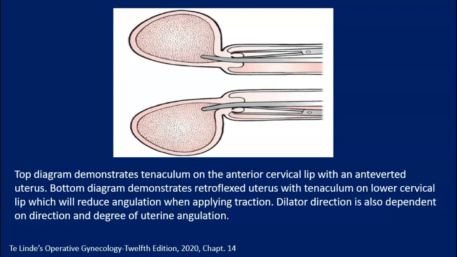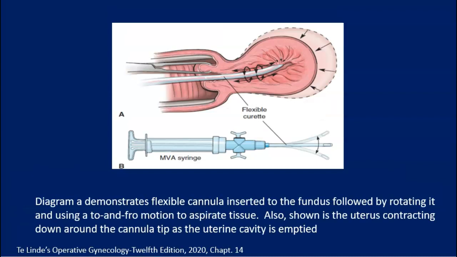The bottom part of the diagram demonstrates placing the tenaculum on the posterior lip of the cervix, and with traction straightens out the uterus to some extent in the cervix. But again, instruments now are directed posterior because of this particular angulation.